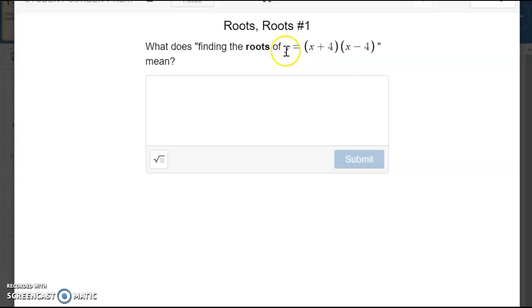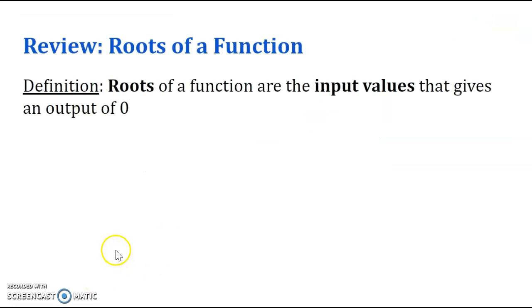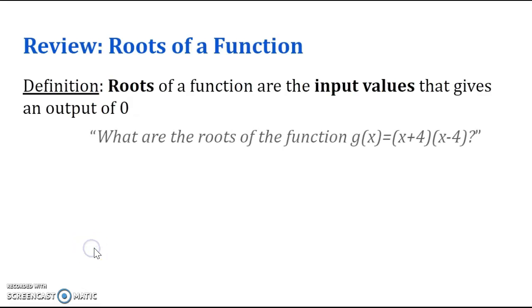So basically, in this case, we're solving this equation when we set y to be 0. So the roots for this equation will be x is equal to -4 and x is equal to 4. And you're going to explain that here. So the definition of roots of functions are input values that give an output of 0.